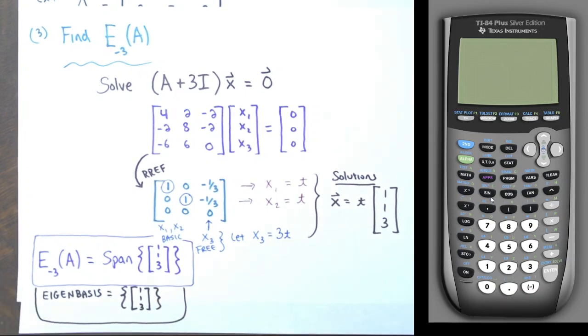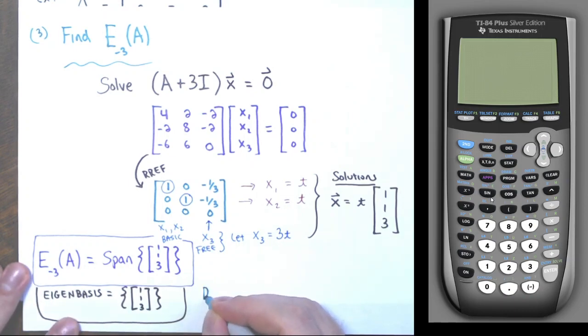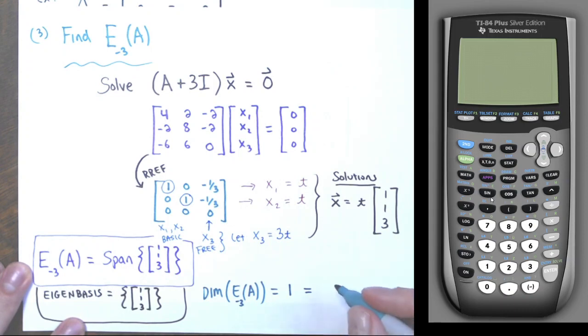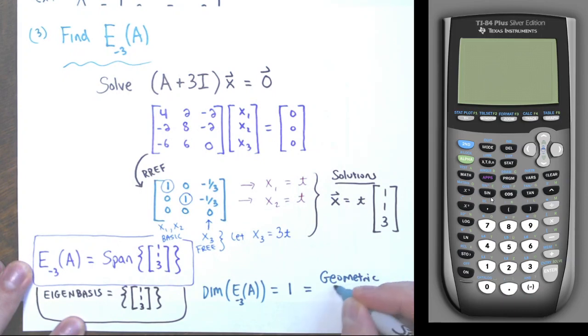And looking at that, the dimension of this eigenspace of A corresponding to -3 is just 1. There's only one vector in a basis. And recall that the dimension of an eigenspace was called the geometric multiplicity for that particular eigenvalue of lambda equals -3.